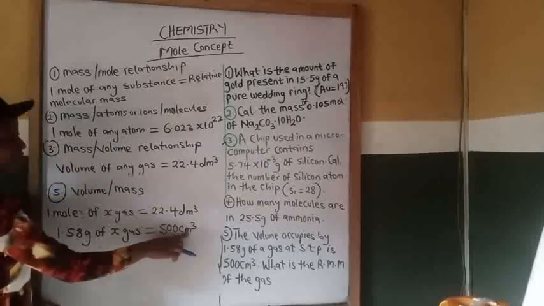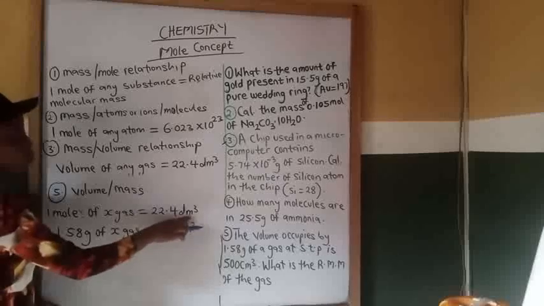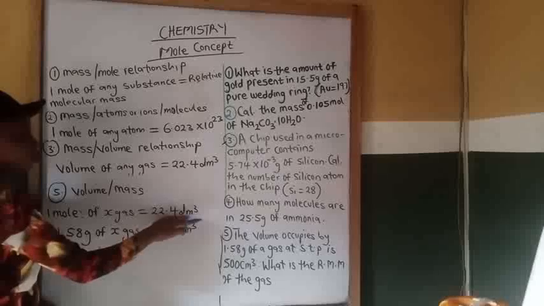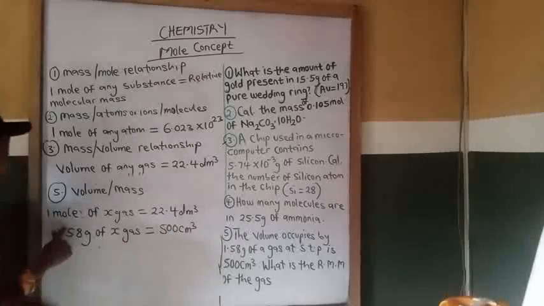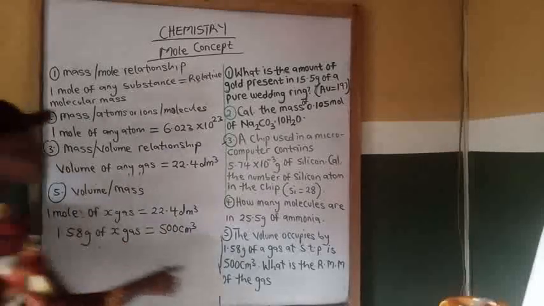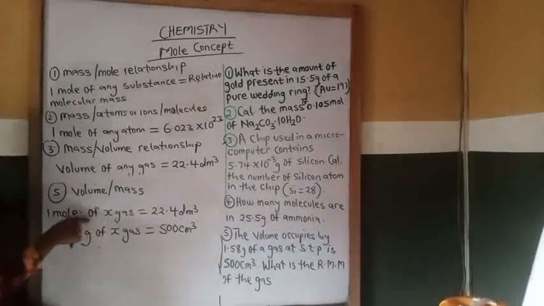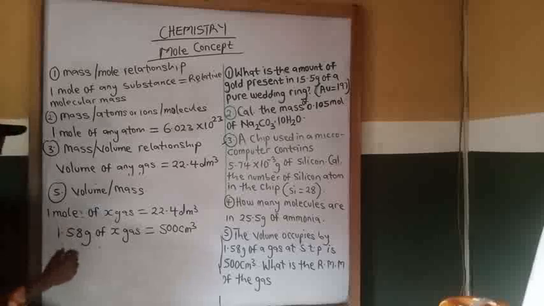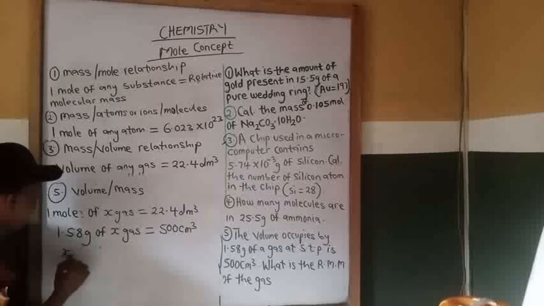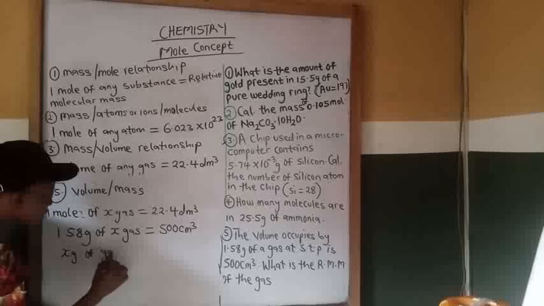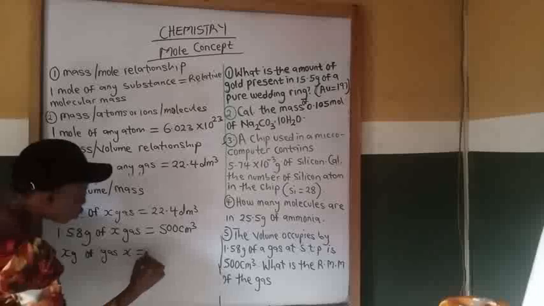This one is in centimeter cube, while this one is in dm cube. So we convert this one also to dm cube. We are looking for the relative molecular mass of the gas, so the mass of that gas. We don't know the mass of the gas. So we say X gram of gas X equals 22.4 dm cube.